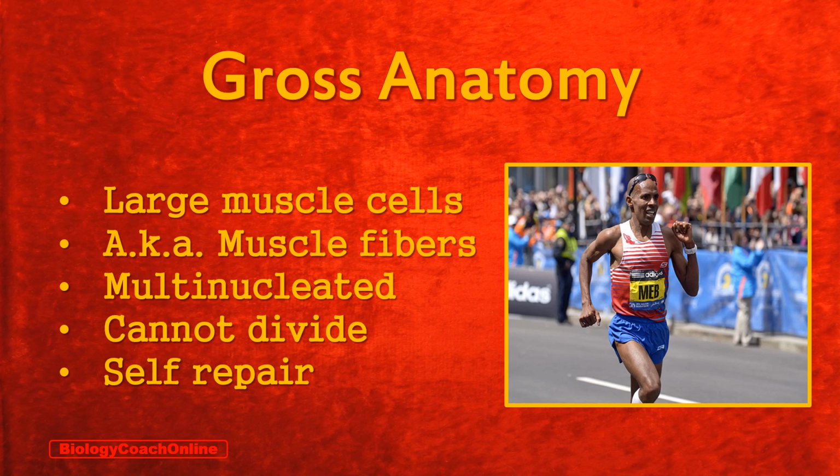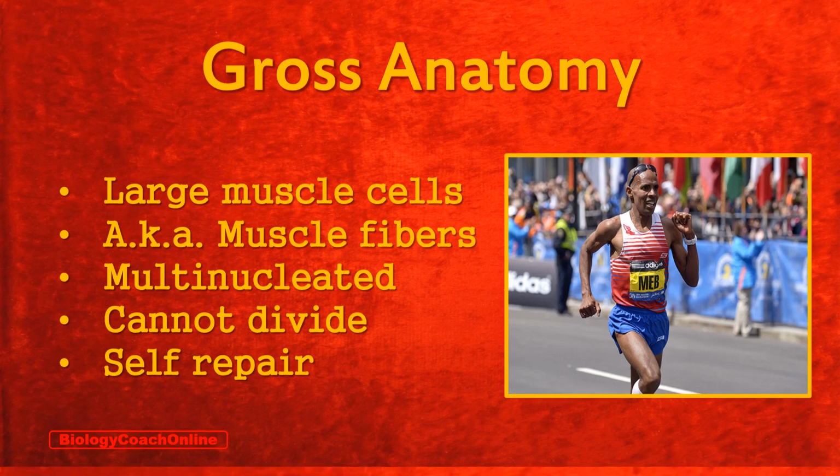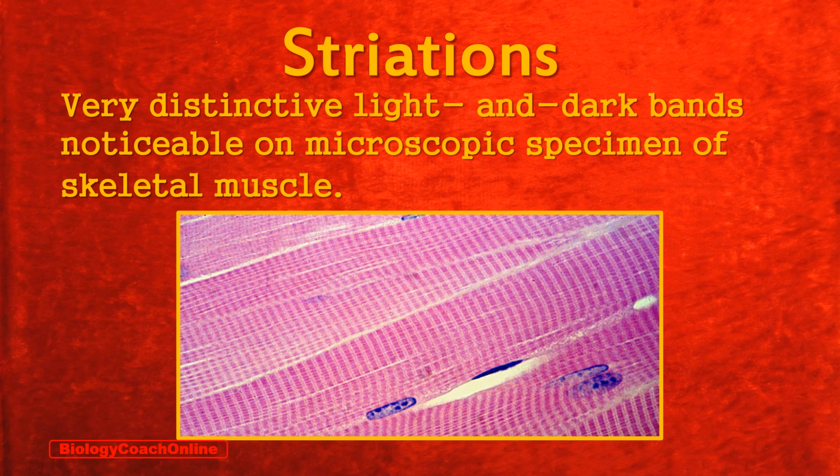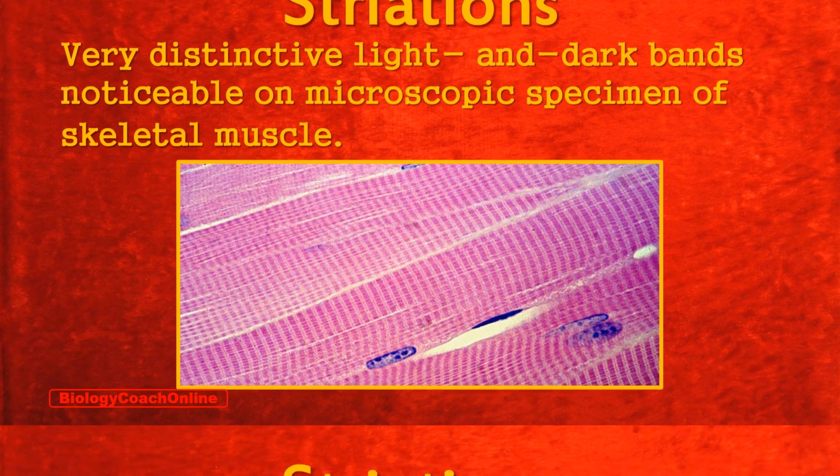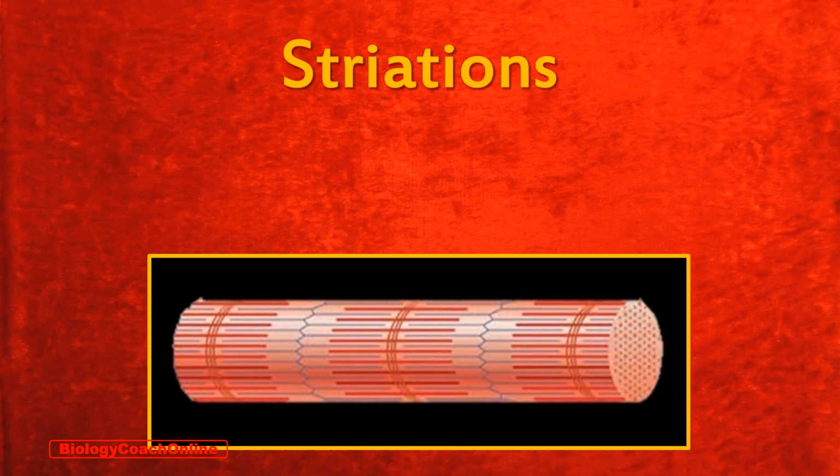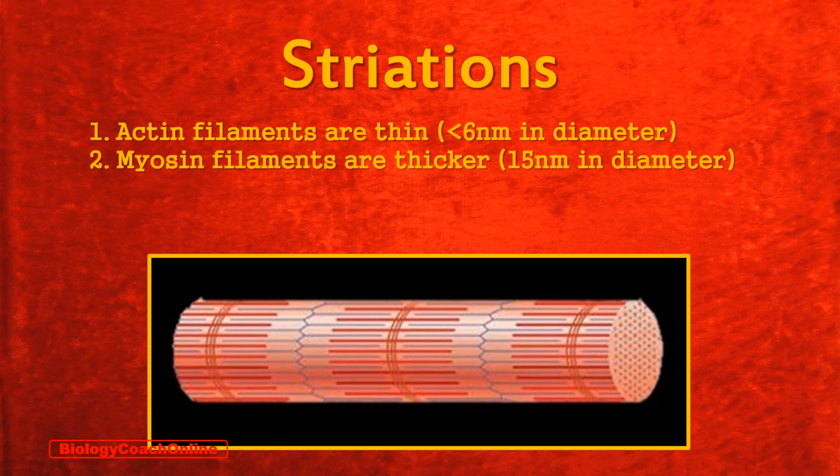Now, I know this course is a gross anatomy course. However, because skeletal muscle fibers are comparatively large, I want to make note of one microscopic feature: striations. A short while ago, I mentioned to you that muscle tissue is made up of 2 proteins, actin and myosin. Now, these 2 proteins exist in the form of filaments that join together to eventually form individual muscle fibers.